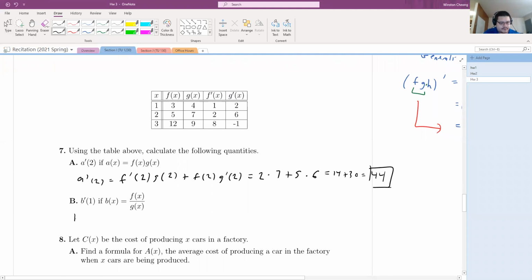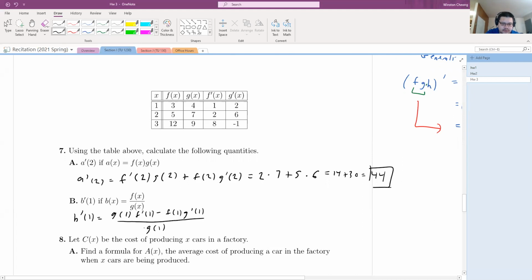And also b prime of 1. So this is a quotient, so we're just using quotient rule. So using my version, I go down to up, and I do g at 1, f prime at 1, minus f at 1, g prime at 1, all over, and then I have to square the denominator.